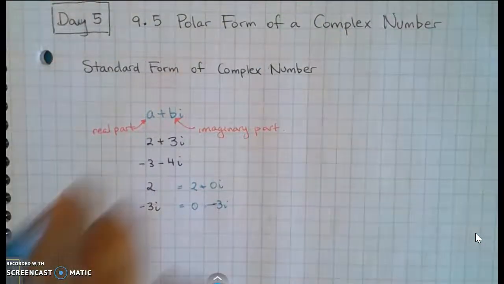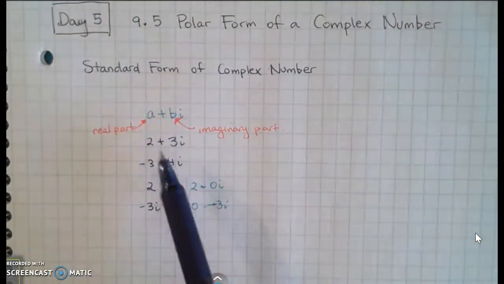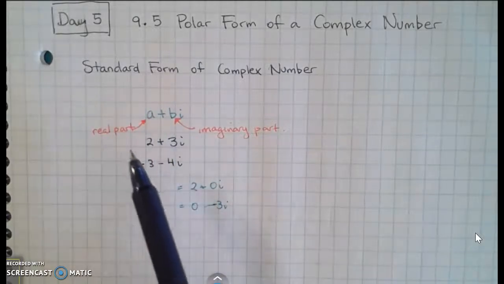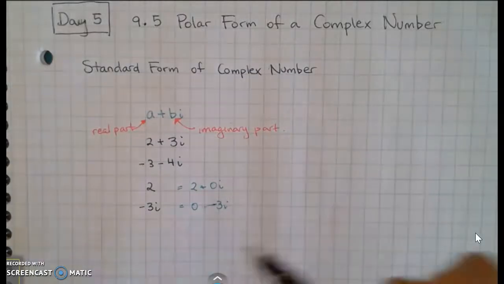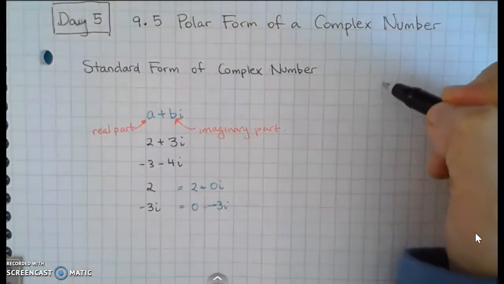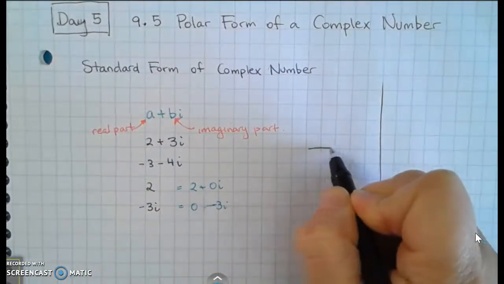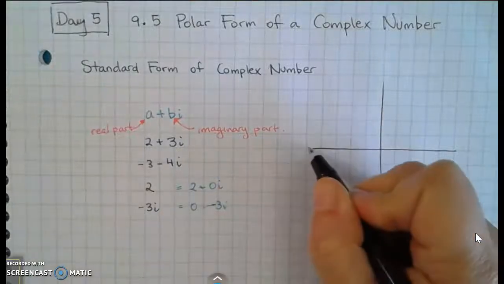Okay, so that's the first thing: we know the standard form of a complex number always comes in this form of a plus bi, where you have the real part and imaginary part. Now, can we graph this? Well, to do this, we can have our standard axis. So to graph this value, let's start with our example, 2 plus 3i.